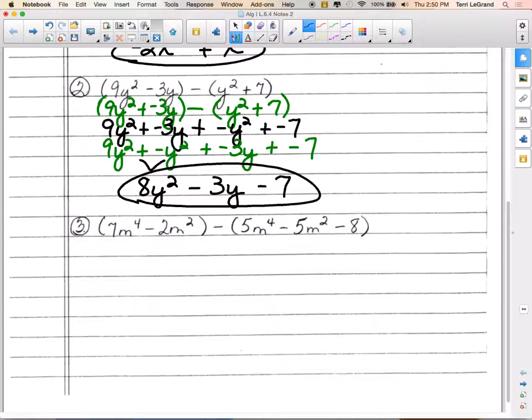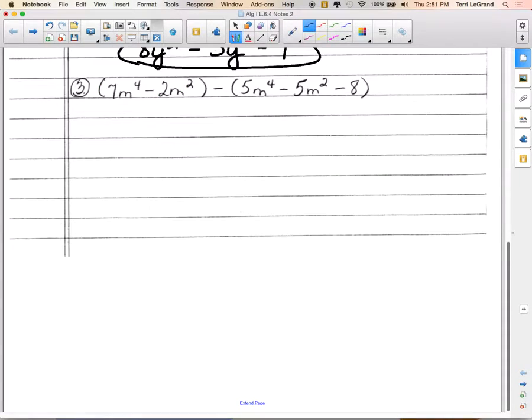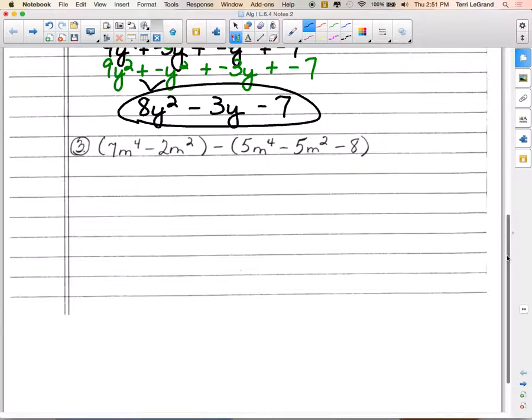Okay, I want you to do only the first step in number 3. What's going to help us set it up for success in number 3 before we deal with the subtraction in between? Don't mess with it right now.